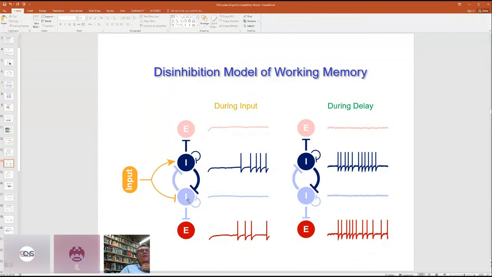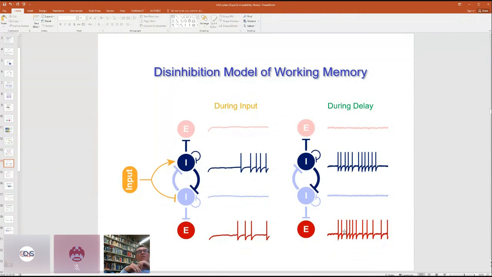Now, these inhibitory neurons are connected to a bunch of excitatory neurons, and if the inhibitory neuron pool is on, it turns off one pool of excitatory neurons, but this one is disinhibited. So you have output coming in through disinhibition on one set of excitatory units that will be maintained during the delay period, as you can see here. In fact, the firing rate goes up.